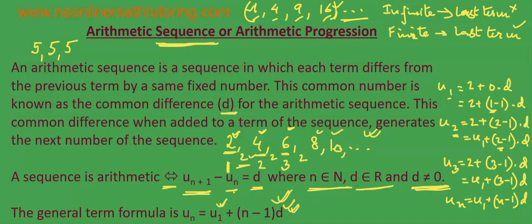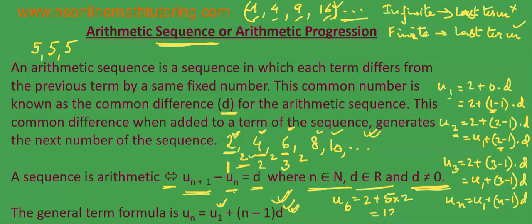So if you are asked to find the sixth term of this arithmetic sequence, we will be writing u6 equal to u1, which is 2, plus (6 minus 1). n is equal to 6. So 6 minus 1 is equal to 5 and the d value is equal to 2. So 5 times 2 is 10, plus 2 is equal to 12.